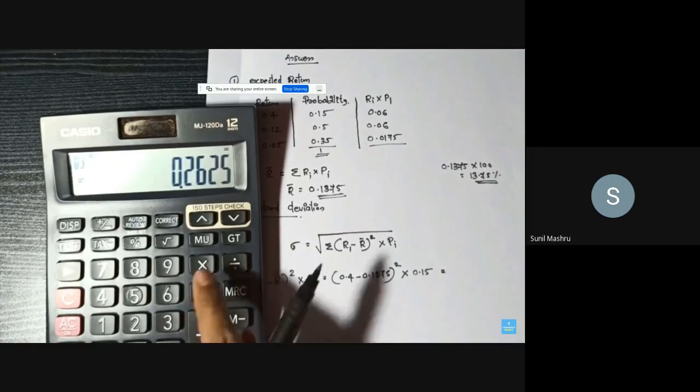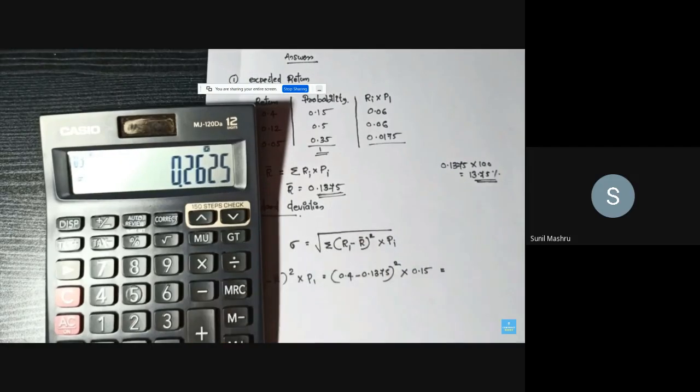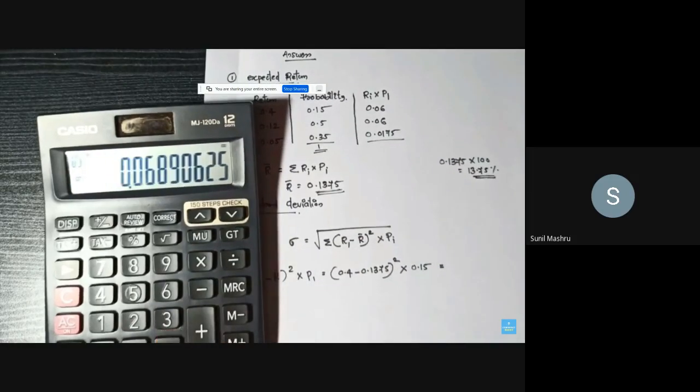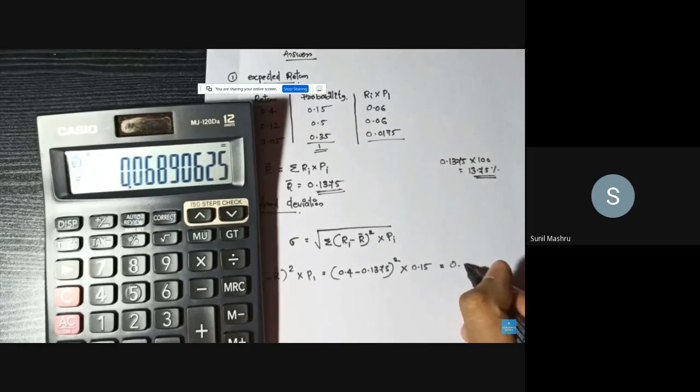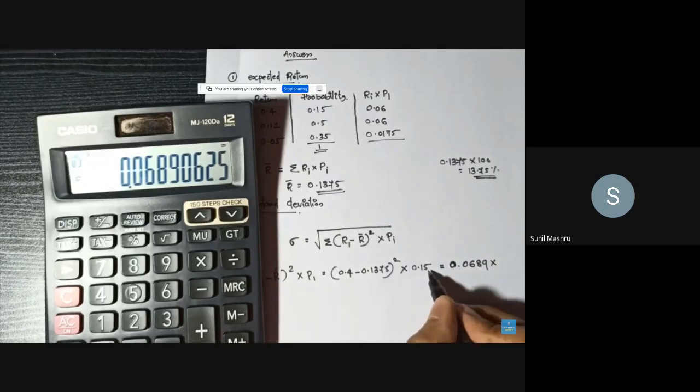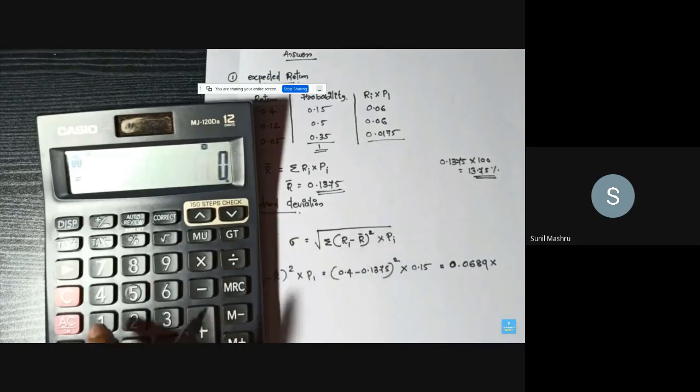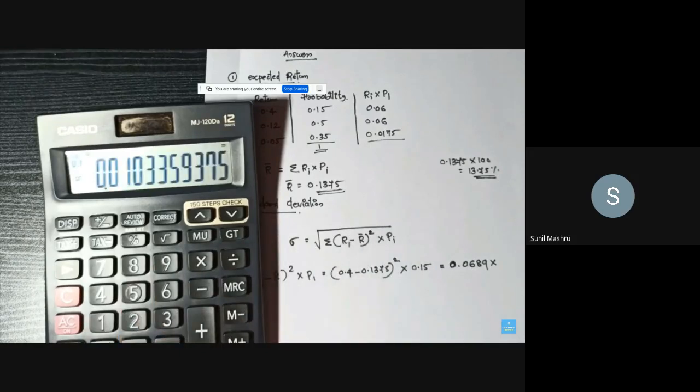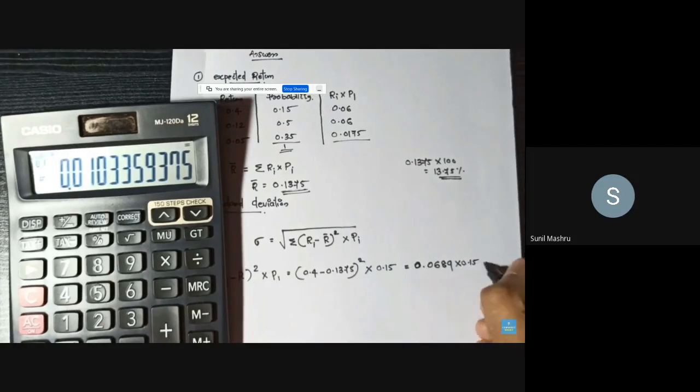First press the multiplication symbol, and then press the equal symbol, that is equal to 0.0689. 0.0689 into 0.15 is equal to 0.01033.